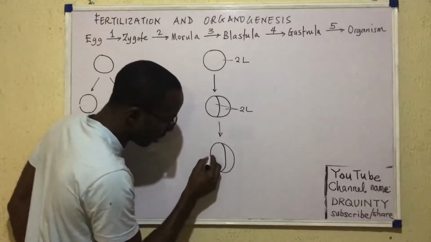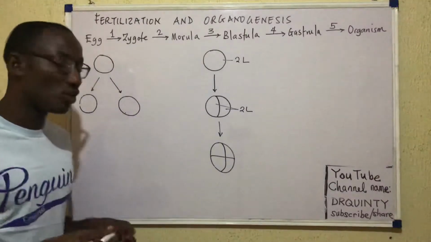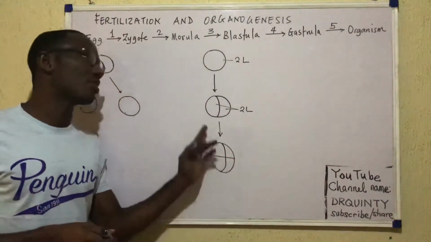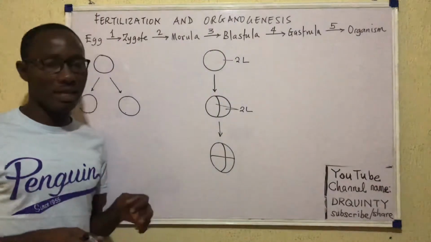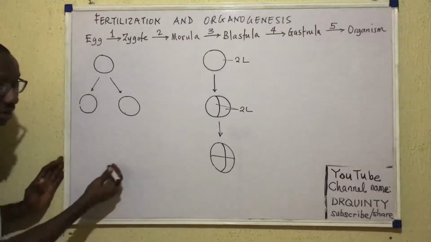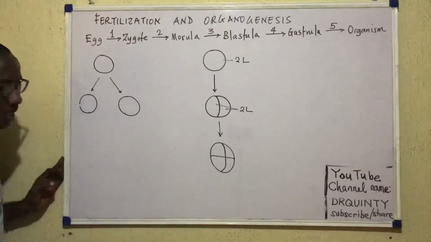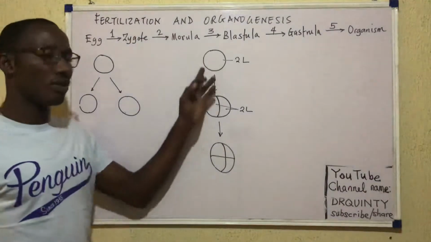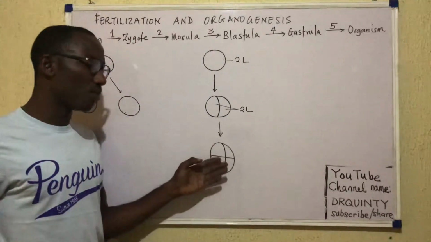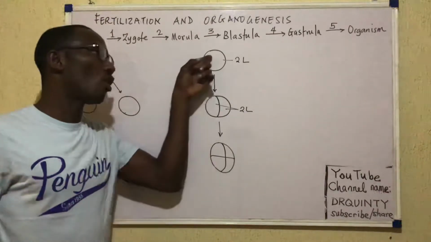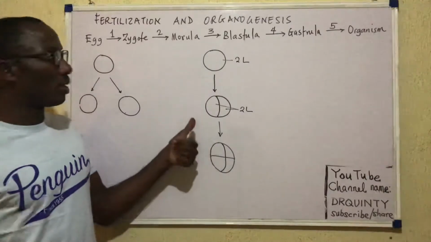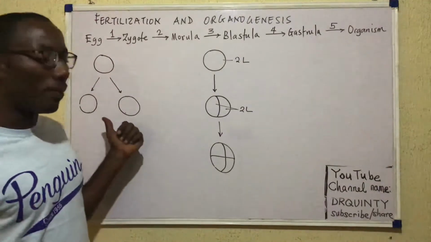This goes that way, that goes that way. So eventually, how many cells do I have here? 4. But their total size is still the same as the original zygote. Unlike mitosis, where you have a larger volume of cytoplasm, here the overall cytoplasm is the same. So it means that these 4 daughter cells have approximately 25% of the cytoplasm of the original zygote. So this is the difference between cleavage and mitosis.